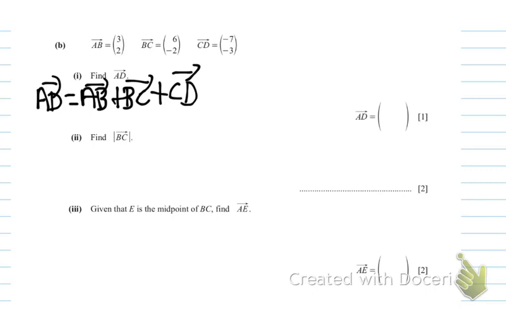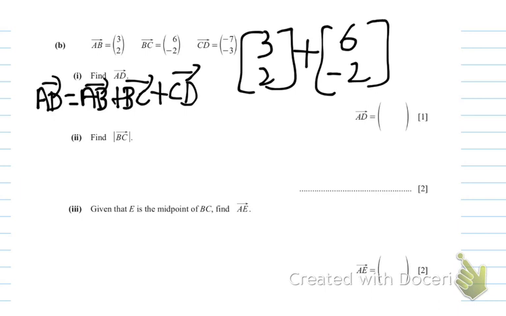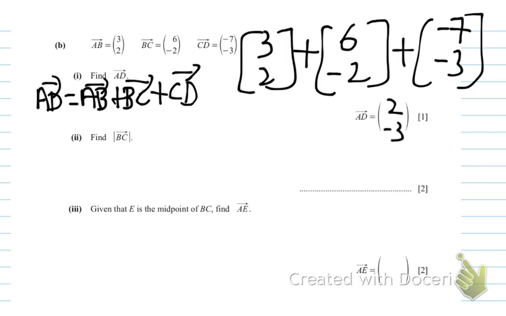Just add these three vectors together: (3, 2) plus (6, -2) plus (-7, -3). So 3 plus 6 is 9, 9 minus 7 is 2, and 2 and -2 cancel out, -3 remains. AD vector will be (2, -3).